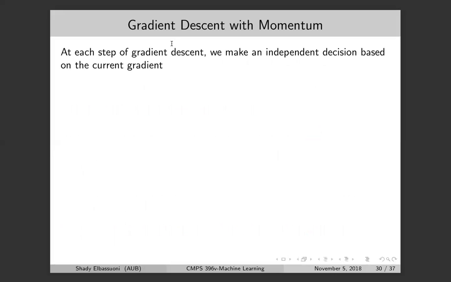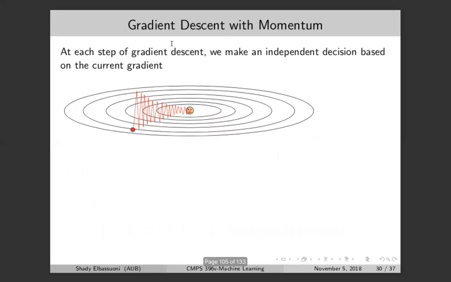So this is a variation of gradient descent. In gradient descent, we make an independent decision based on the current gradient: I look at the current gradient and update the weights based on it. This can cause a lot of fluctuation. Let's assume the smiley face is the minimum of the loss function, and this is the current weights.